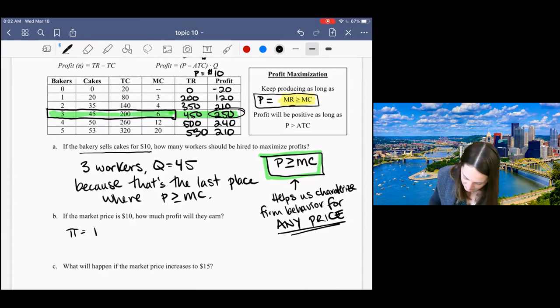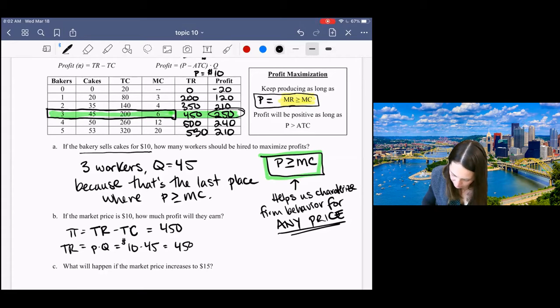So profit is total revenue minus total cost. My total revenue is price times quantity. That's going to equal, right, I have a price of $10 times I'm producing 45 units, and that gives me $450 in total revenue.